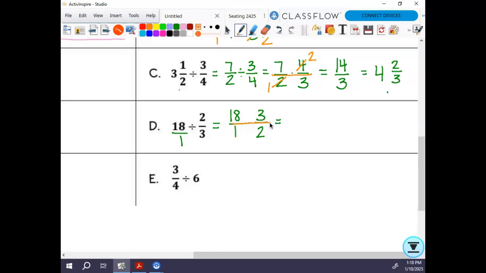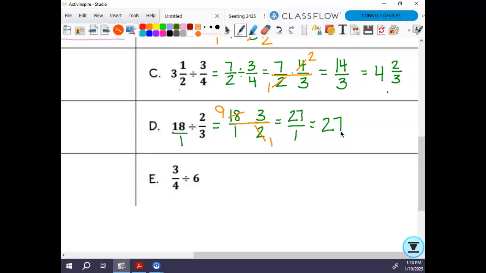Can reduce the 18 and the 2. So that becomes 1. This becomes 9. I'm going to multiply straight across. 9 times 3 is what? 27/1, which is really just 27. Okay, everybody good with that?